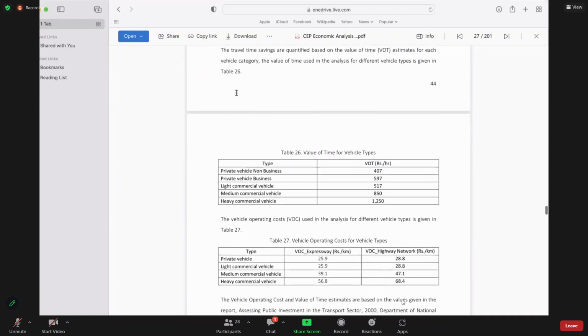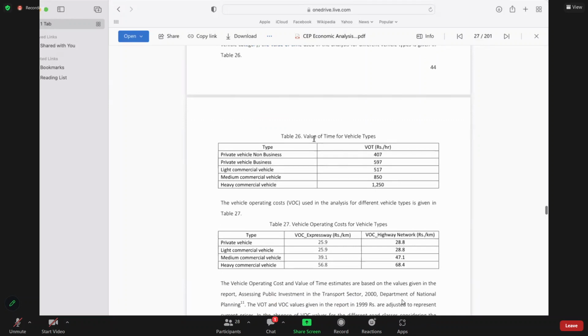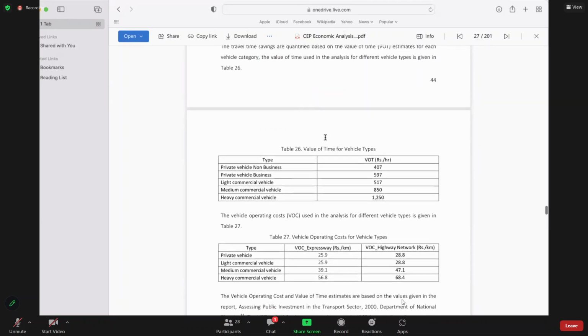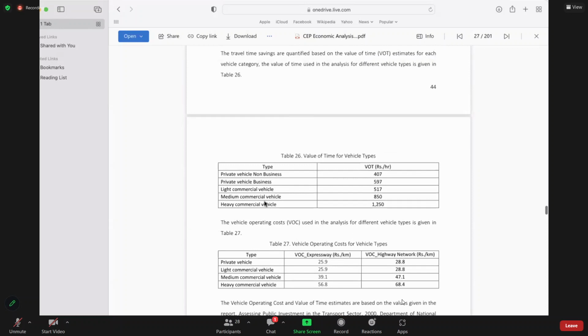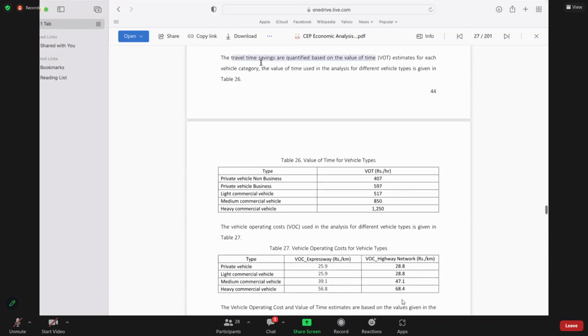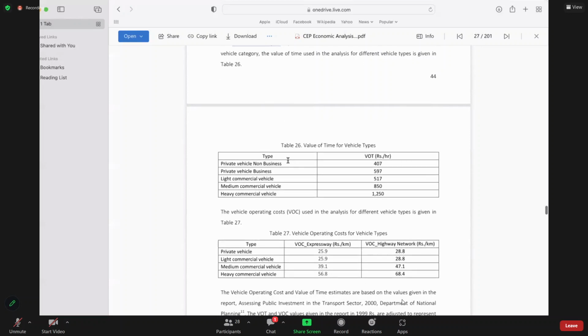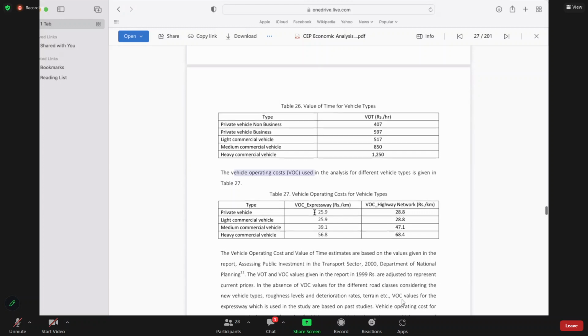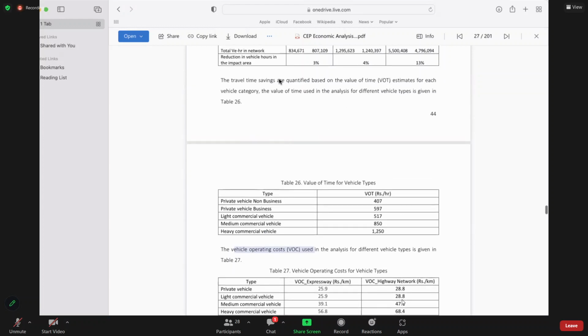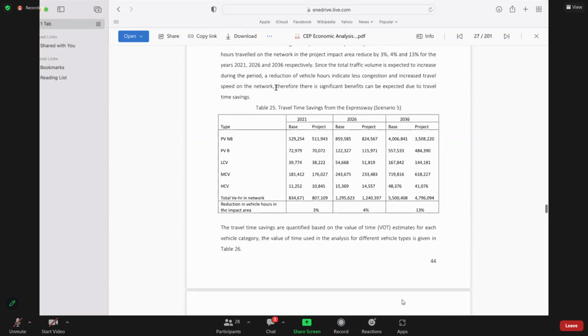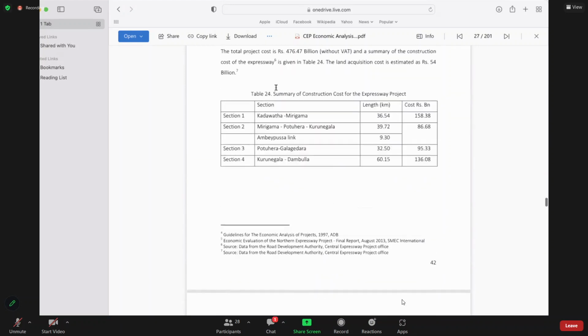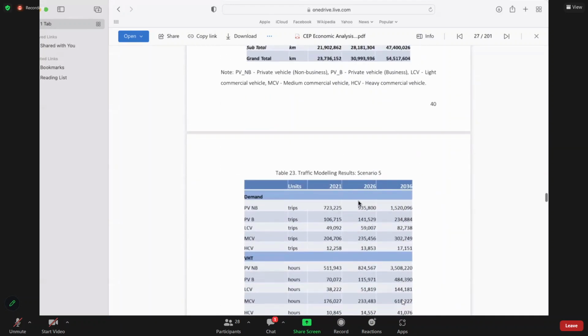So they have used different values of time for different vehicle types to calculate the travel time savings, and for vehicle operating cost savings also. Then they would have to multiply by the estimated, predicted usage demand, how many vehicles they predict to use the expressway.